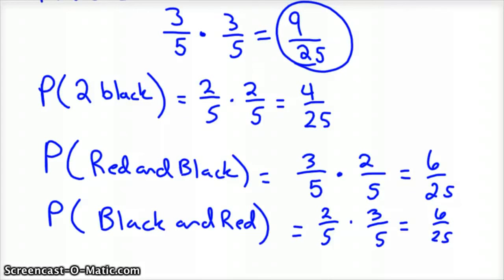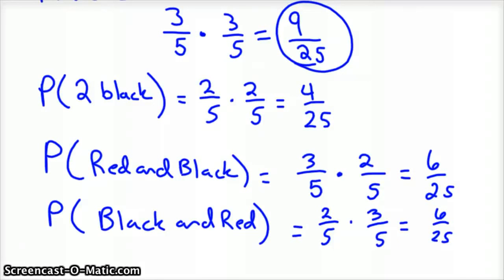I know that's beyond what we needed to do there, but that kind of gives you a way of checking your work. You need to know where all the situations are, because what if I had asked you what's the probability of getting a red and a black marble? Well, if order doesn't matter, it's 12 out of 25.